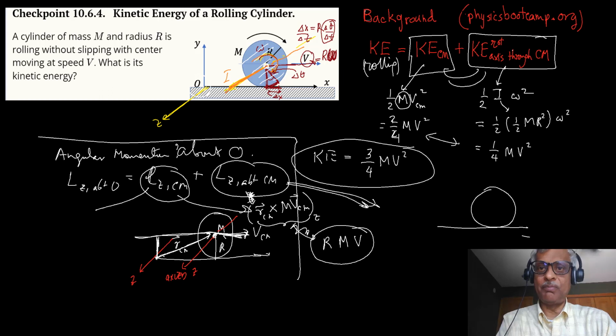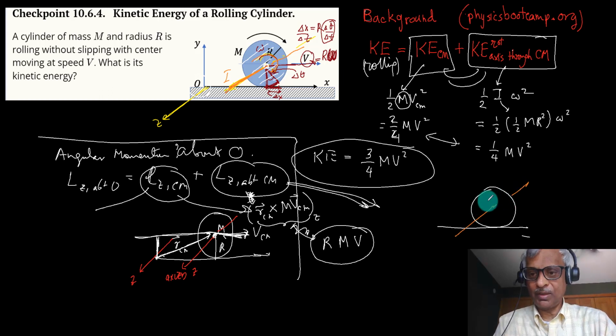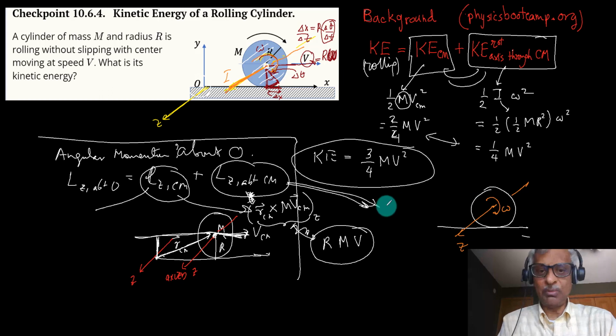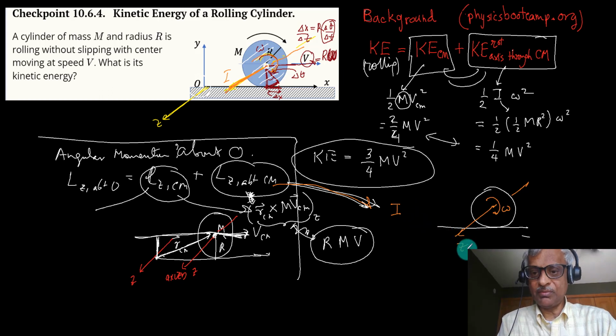We have an axis again, parallel to the Z axis, and it's going at omega. So this will be I about the Z axis times omega, which is in the Z direction.